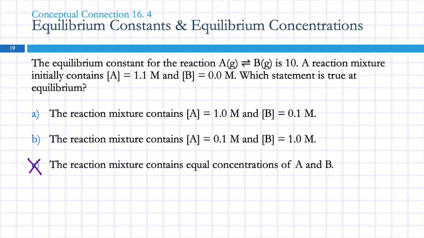It needs to be B, because K is equal to the concentration of B divided by the concentration of A. You could certainly calculate this and find it out, but because it's multiple choice and we just know the directions, you could also just choose this without using a calculator. Any questions?